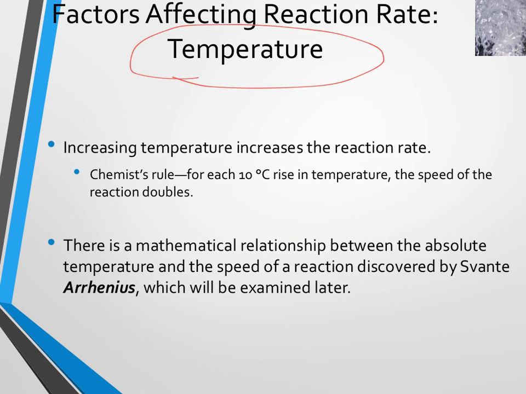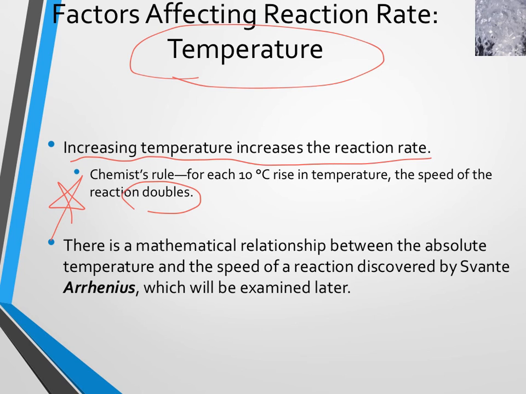Temperature is another very important factor in the rate of reaction. Increasing the temperature always increases the rate of reaction. So there's kind of a little rule of thumb for chemists, and that's shown here, that might help you out in a pinch later on, maybe on a quiz or a test when you're trying to estimate: for about each 10 degrees rise in temperature, the speed of the reaction roughly doubles, and that holds pretty true.